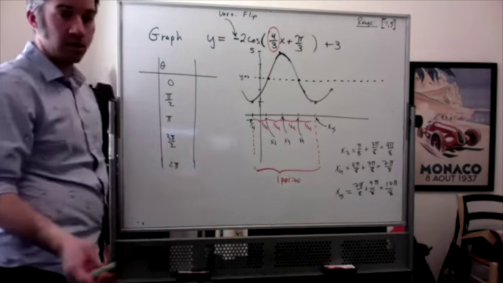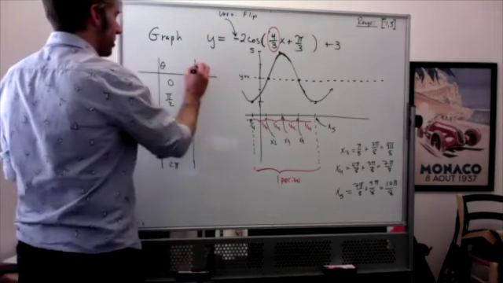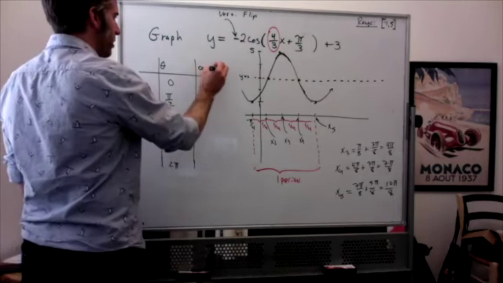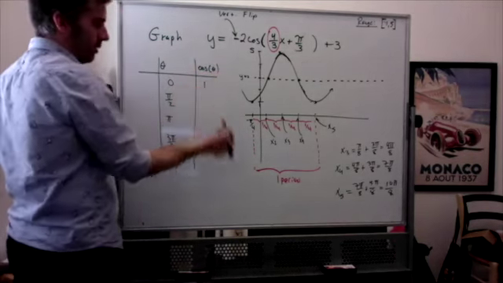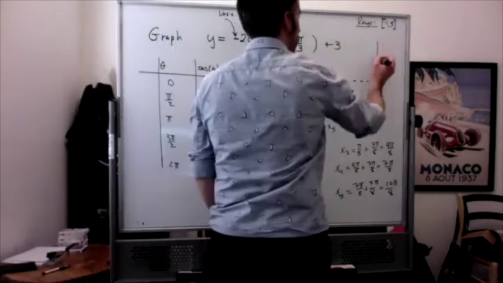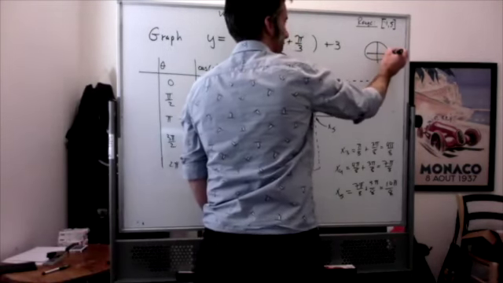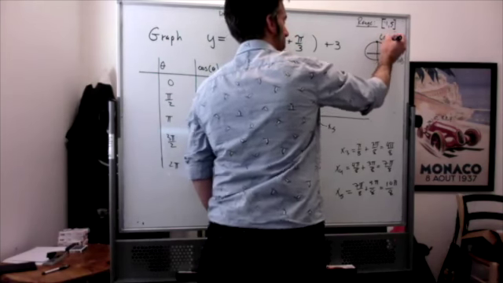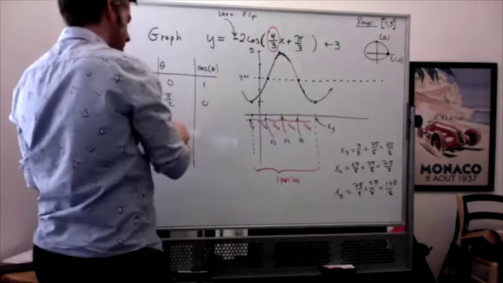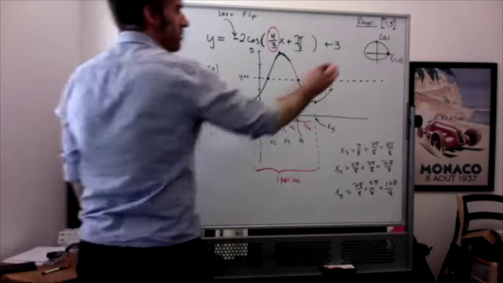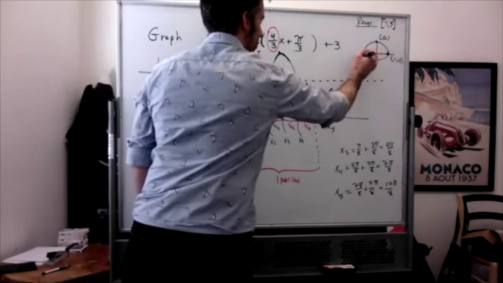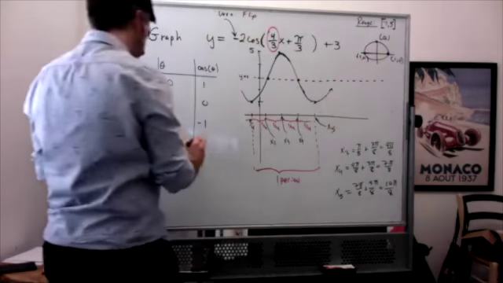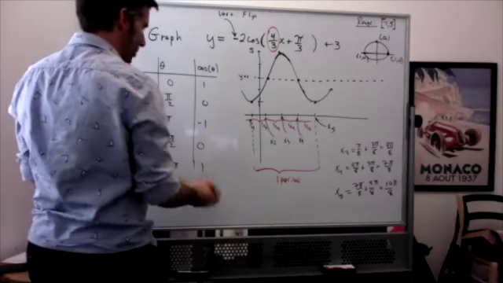Because we know the cosine of those values, right? Cosine of theta, cosine of 0 is 1. We can use the unit circle. We know that the angle 0 gives you a cosine value of 1, and then pi over 2 gives you 0. And then cosine of pi is negative 1, cosine of 3 pi over 2 is 0, and cosine of 2 pi is back to 1.